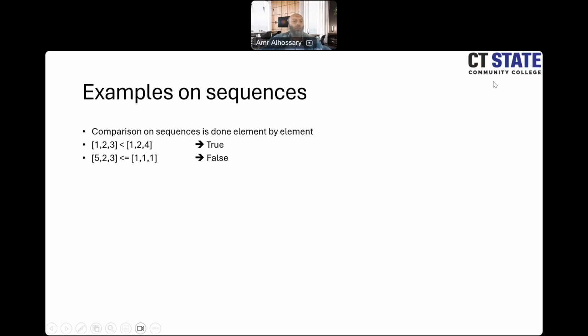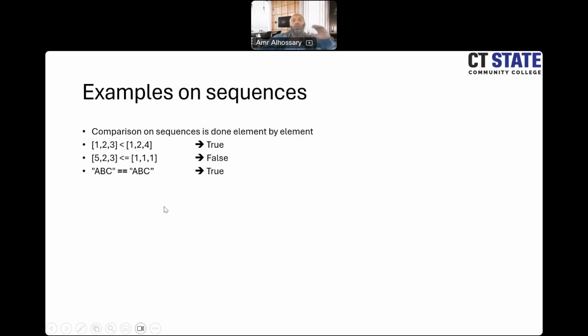Starting with 5 compared to 1, 5 is not smaller than or equal to 1. So the whole sequence is actually greater than the second one, so the whole expression is false.